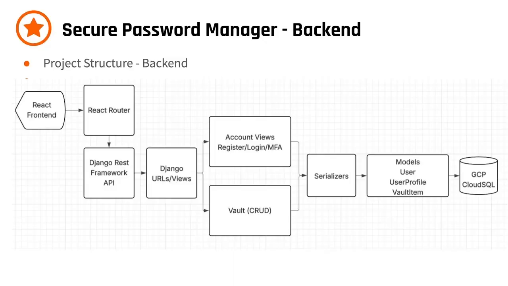The account views handle registration, login, and multi-factor authentication, enrollment, and verification, while the Vault views provide full CRUD operations for stored credentials. Data flows through serializers for validation and formatting before hitting our models, which include user, user profile, Vault item, and Vault item history, and is ultimately stored securely in Google Cloud SQL.